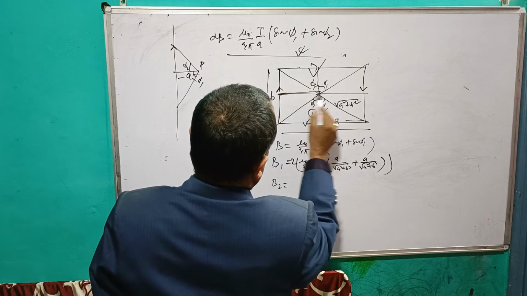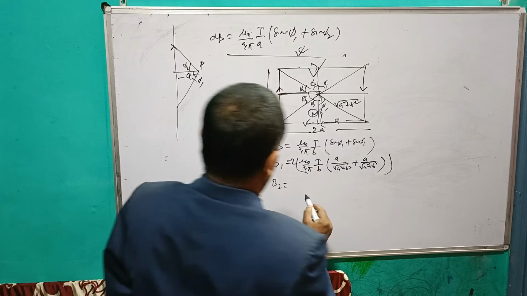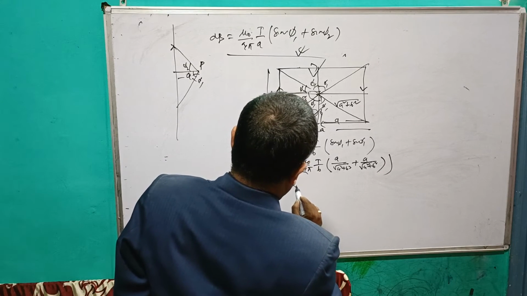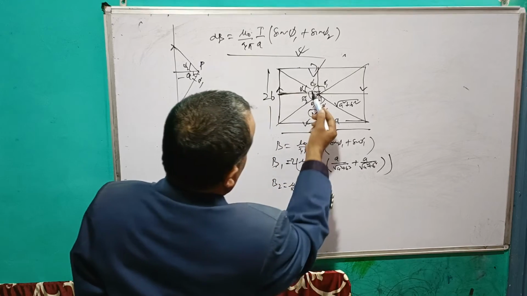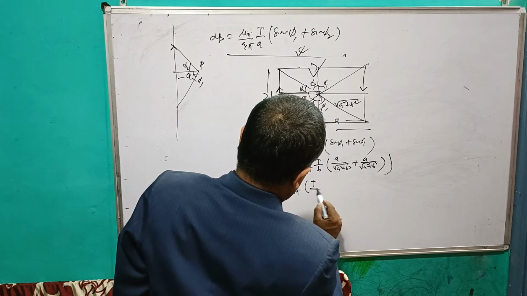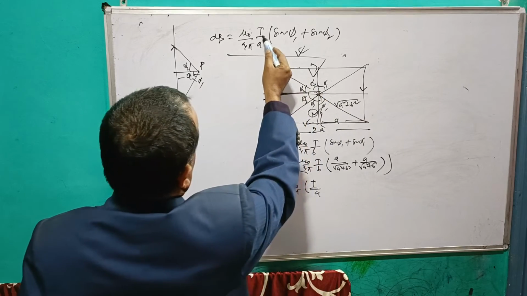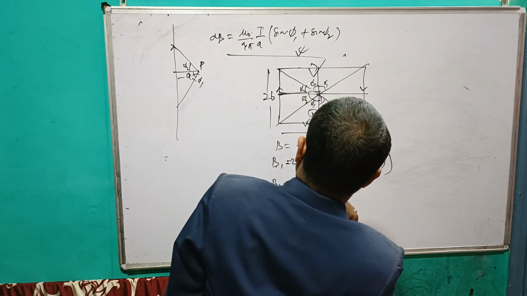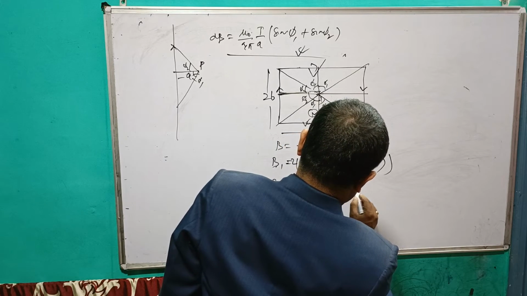Let us suppose this makes angle phi 2 over here. This is phi 2. See, this is mu naught upon 4 pi I. This distance is how much? It is A. So this is mu naught upon 4 pi I upon A, into sine phi 2 plus sine phi 2.